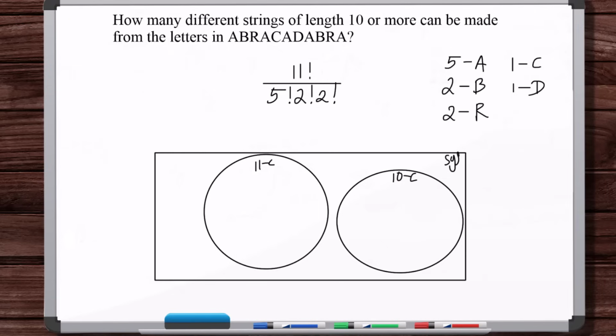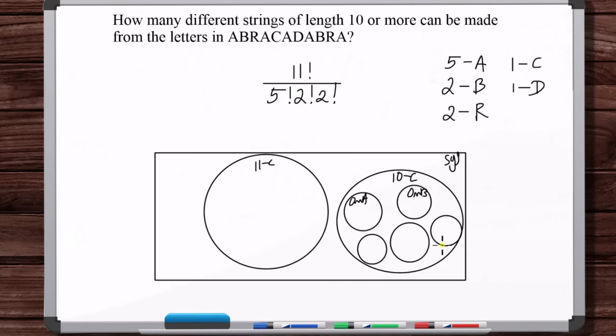But within here, we want to say, okay, what if we picked, so we can omit one of these letters for the 10 character string, right? We can omit an A, a B, an R, a C, or a D. So, okay, here's if we omit an A, here's if we omit a B, C, D, R, okay? So omit A, etc. But are these overlapping?